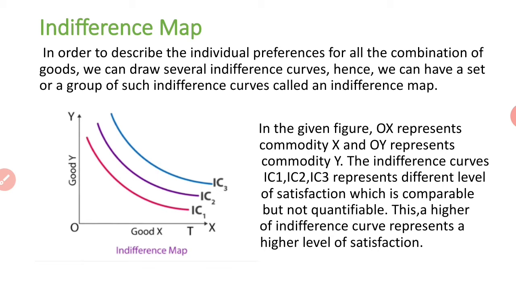X-axis represents good X and Y-axis represents good Y. In this figure, OX represents commodity X whereas OY represents commodity Y. The indifference curves IC1, IC2 and IC3 represent different levels of satisfaction which are comparable but not quantifiable. A higher indifference curve represents a higher level of satisfaction.